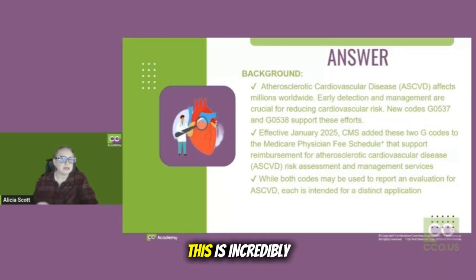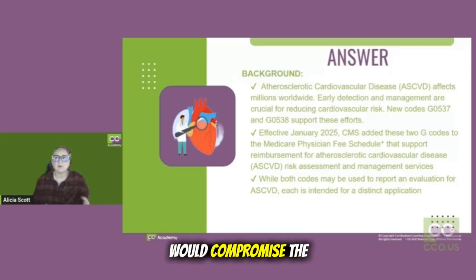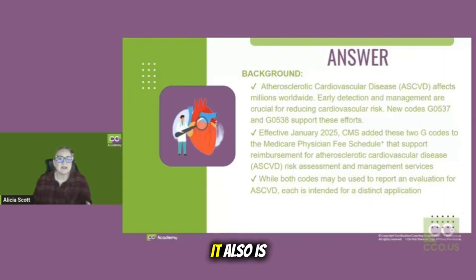And again, this is incredibly common on a global standpoint. It isn't just the people that have comorbidity factors that would compromise the heart. It also is people that have a family history. Obesity is so common, which contributes, as well as smoking.